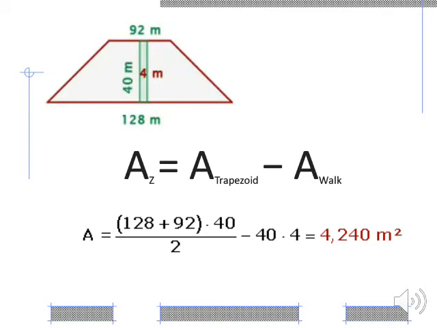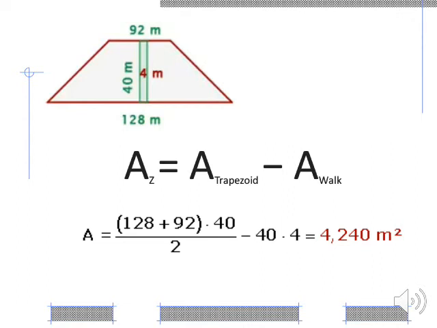So that is (128 + 92) times 40, the height, divided by 2, minus 40 times 4, this walkway, which becomes a rectangle. So the final area of this wooded part is 4,240. The wooded part only, minus this walkway, because this walkway has no woods in it.